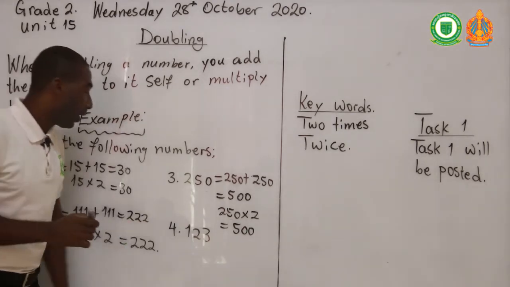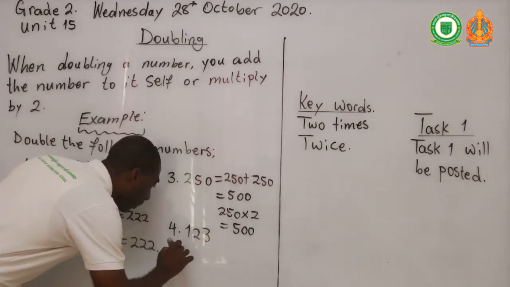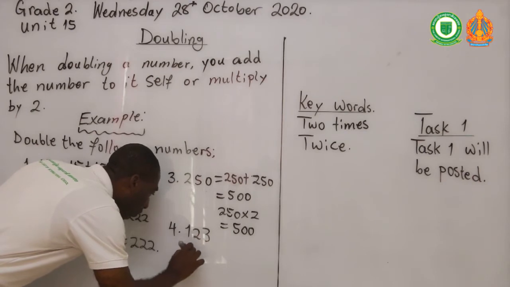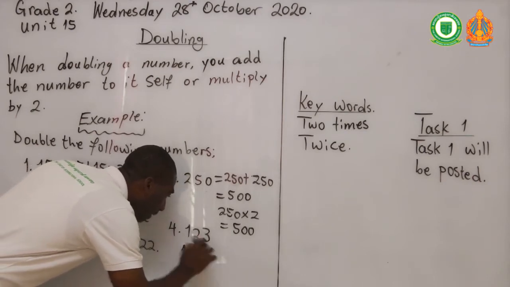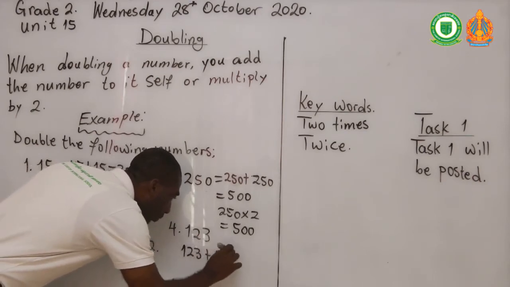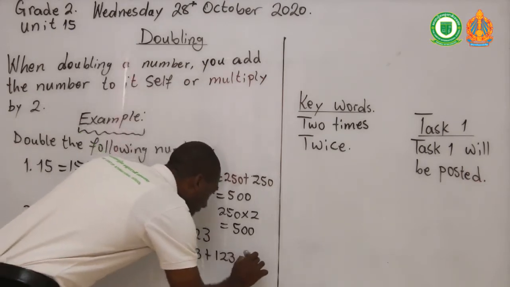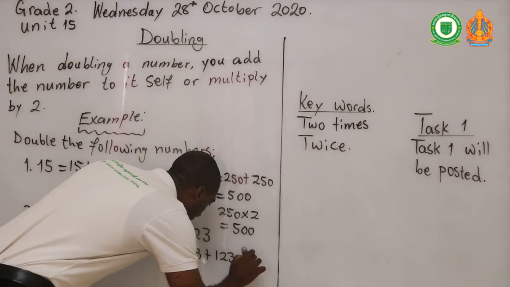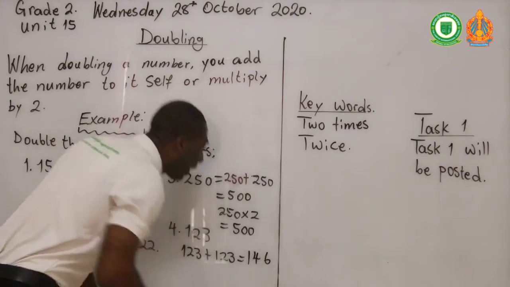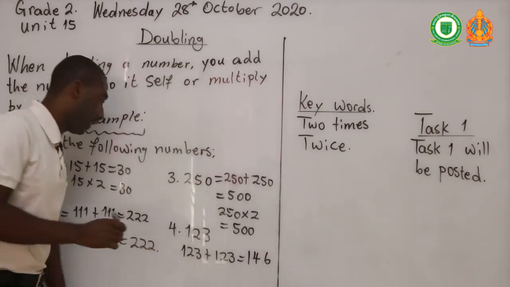Okay, so we look at our second example. We have 123 plus 123. Okay, so that is going to give us 246.